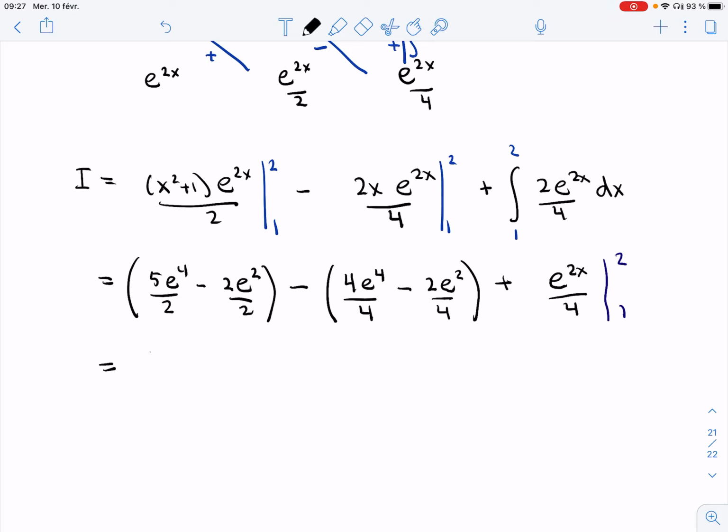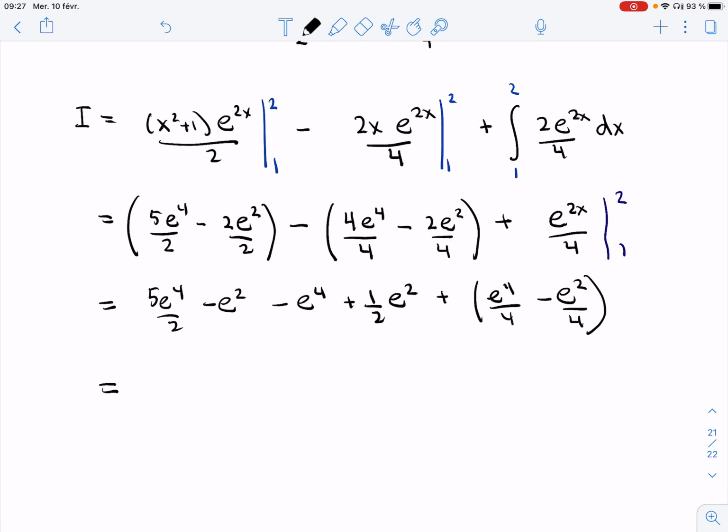And so I'm getting 5 e to the 4 over 2 minus e to the 2 minus e to the 4 plus 1/2 e squared plus e to the 4 over 4 minus e to the 2 over 4.